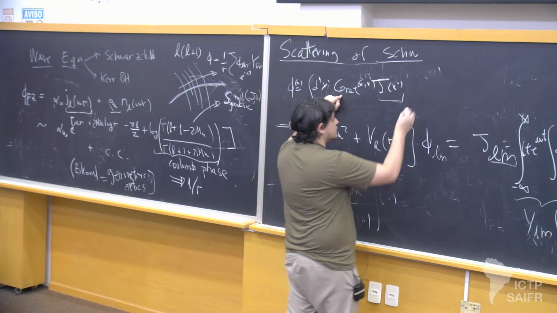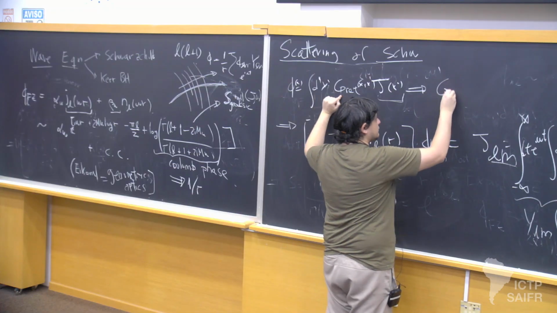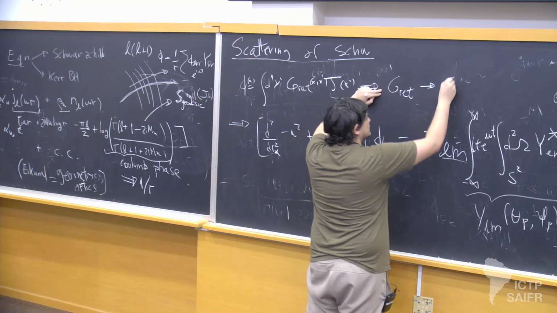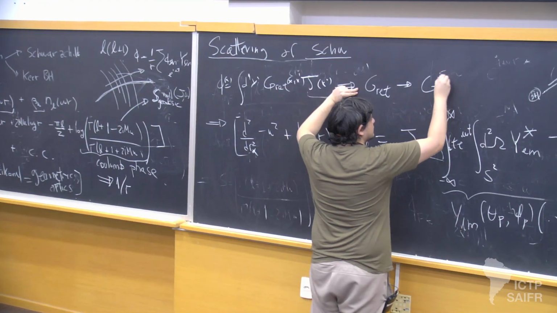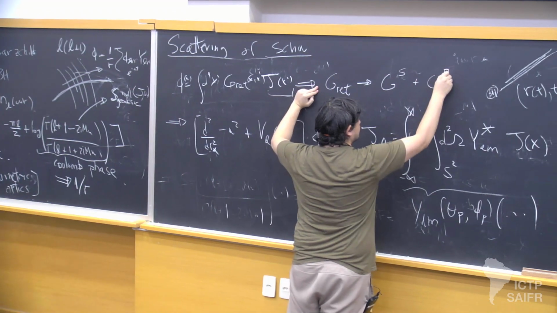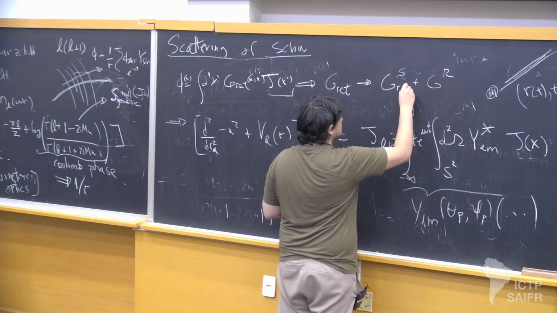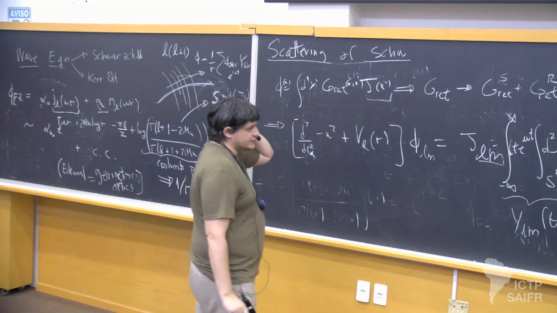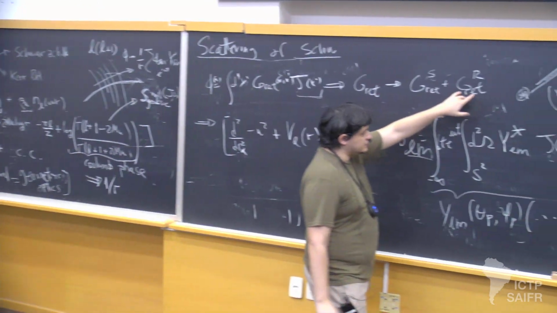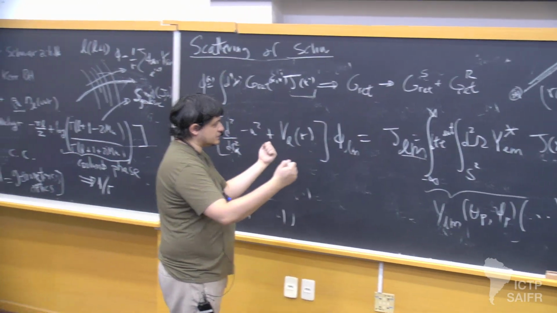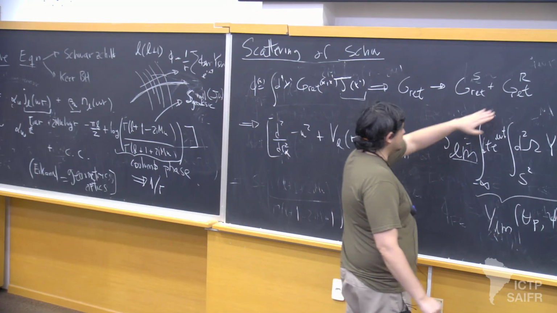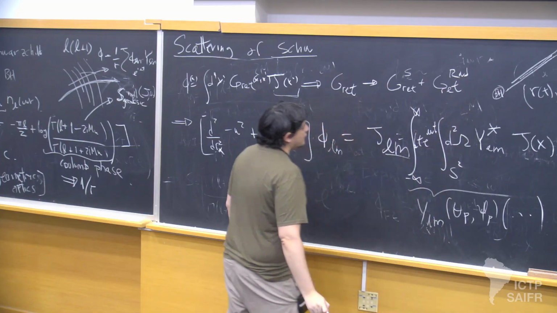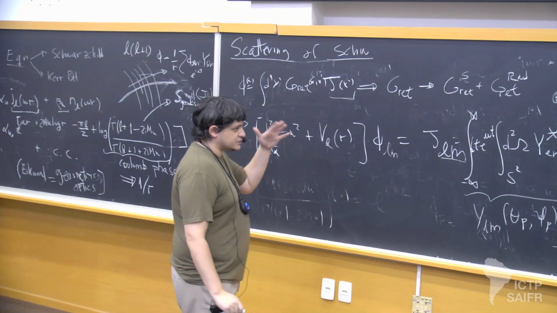So what I need to do is split the retarded Green function into a singular part plus a regular part. The way the regular part is defined is precisely as we saw yesterday, by splitting the radiative components here. So this is the radiative part. I'm just going to tell you the upshot of that procedure.